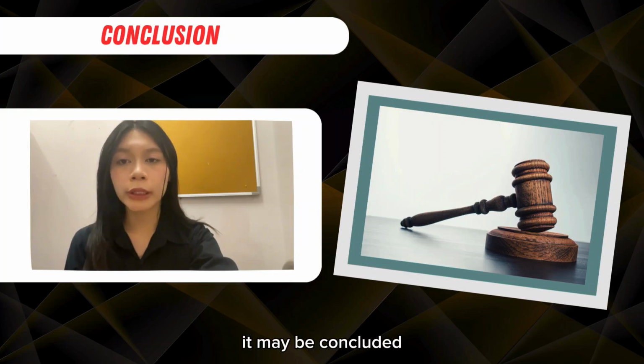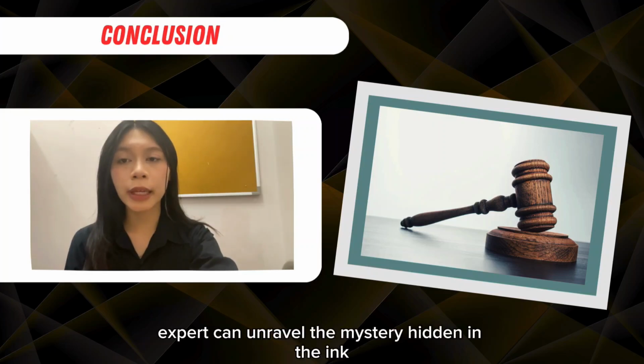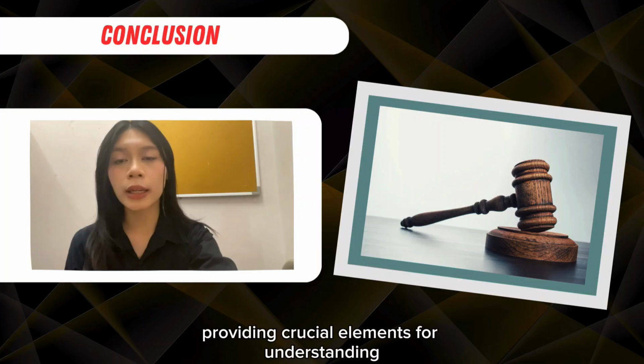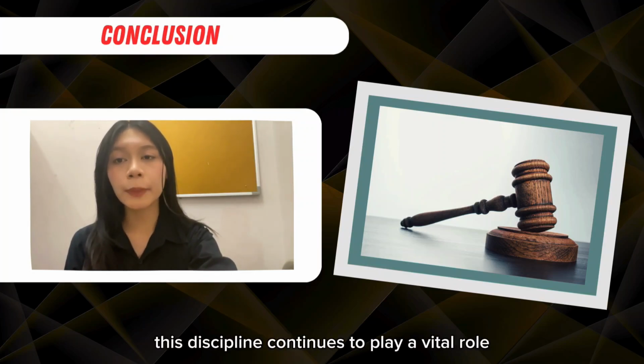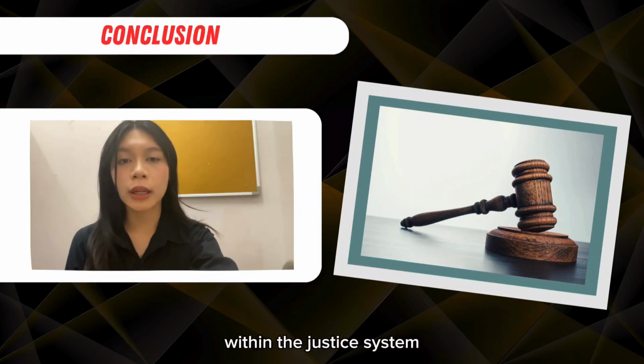It may be concluded that forensic science is incomplete without chromatographic techniques. Using sophisticated techniques, experts can unravel the mystery hidden in the ink, providing crucial elements for understanding criminal investigations. Constantly evolving, this discipline continues to play a vital role in the quest for the truth within the justice system.